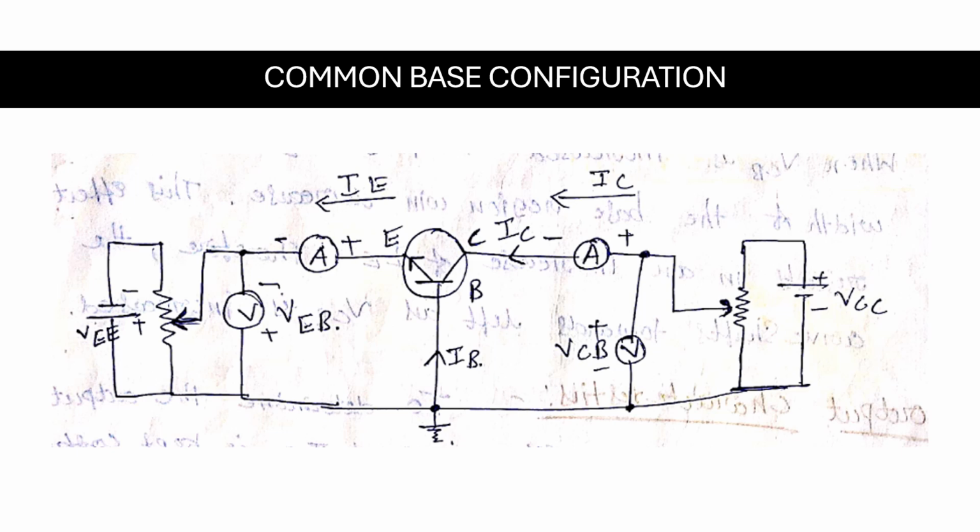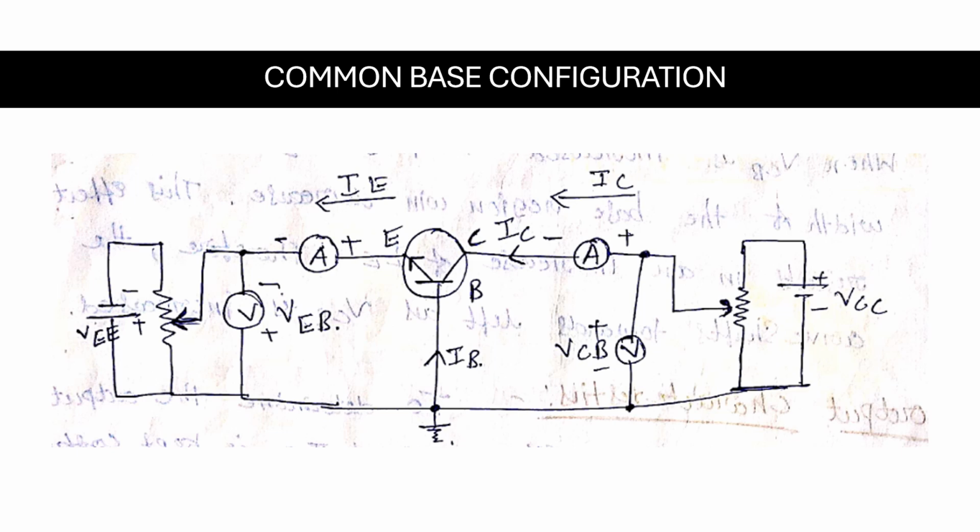Next, VCC equal to 0, and next put the VCC value at 2 volts or 4 volts, like that. Increase the VCC value and keep it constant. Then again vary VEB, increasing 1 volt, 2 volts, 3 volts, like that, and measure the emitter current IE. See how IE varies by varying VEB.